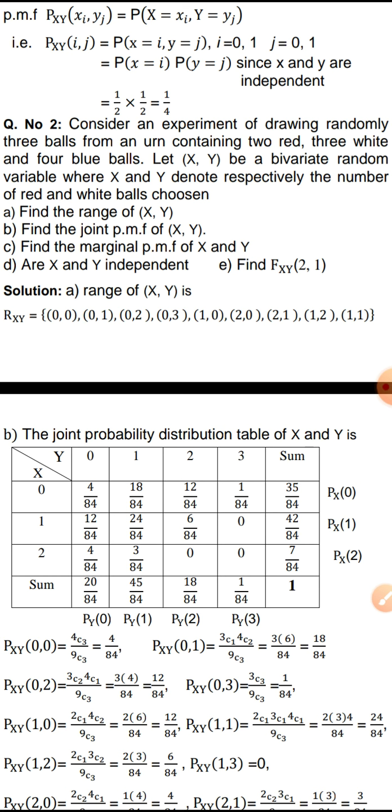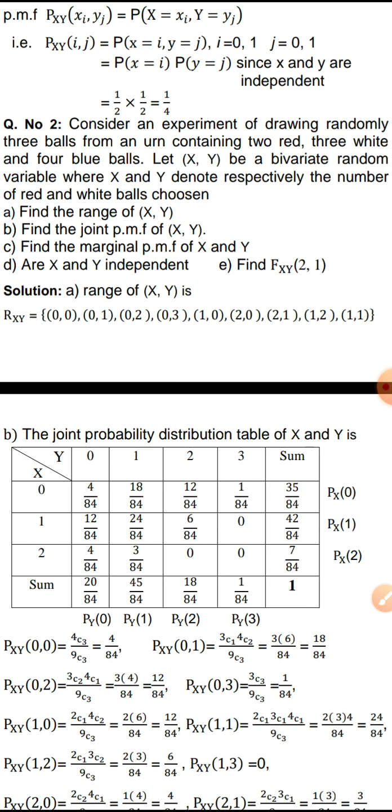Since the balls are chosen randomly, all the 3 balls may come from the 4 blue balls, which means no red balls, no white balls. Number of red balls and number of white balls chosen are 0 and 0.